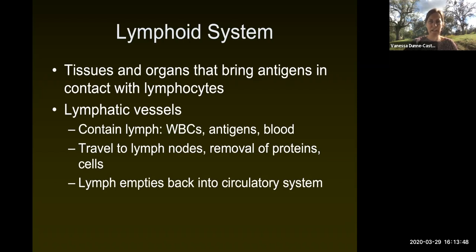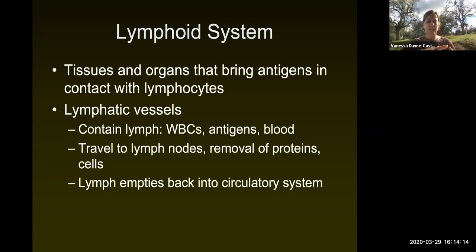You can think about it as simple as that, but there's a lot more to it than that. The lymphatic vessels themselves are what you would imagine to be like our blood vessels, right? The lymphatic vessels are similar to blood vessels, except of course, instead of carrying blood, they carry lymph. And lymph is this really complex concoction of whatever's out there in our tissue.